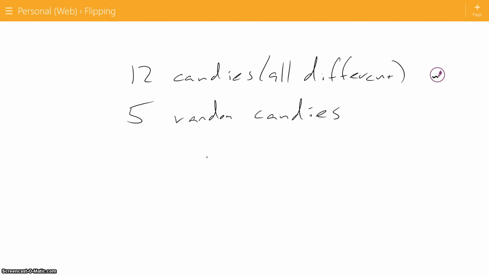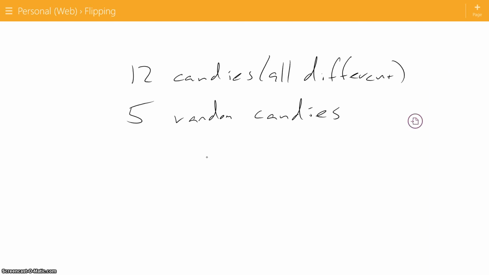So think back to your Halloween days as a kid, and we're going to look and see what is the number of combinations you could get of these 5 candies out of a possible 12. All right? Order does not make a difference for these. We're just concerned with which different groups can I make.